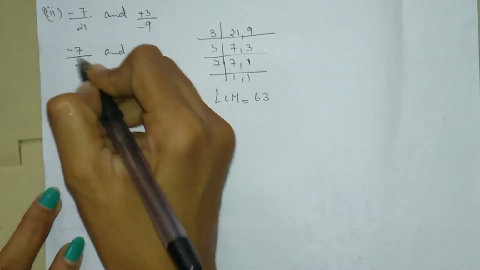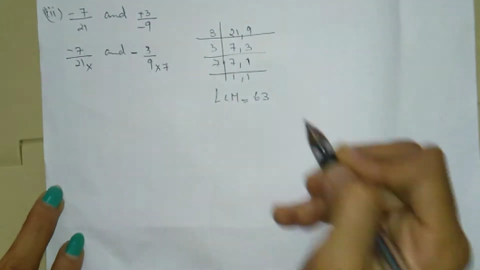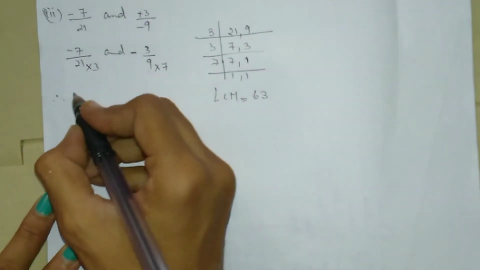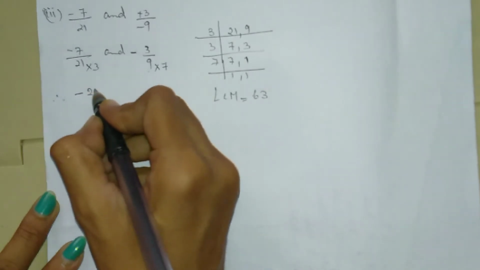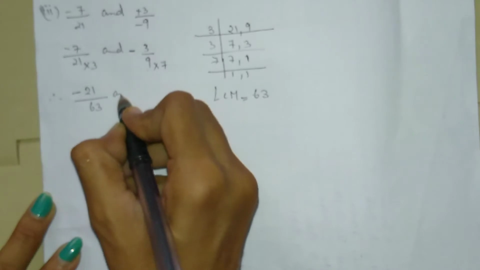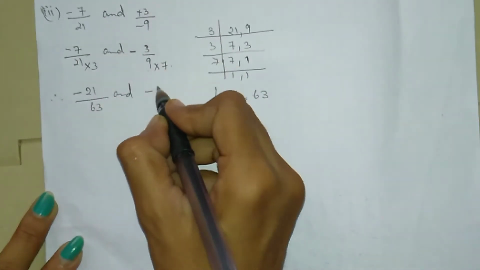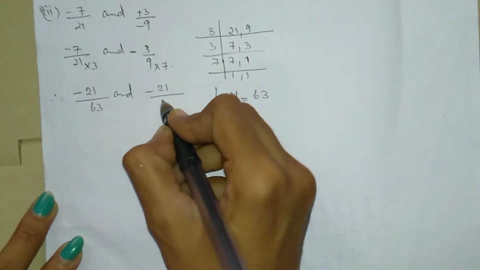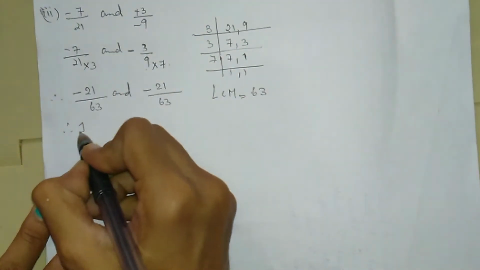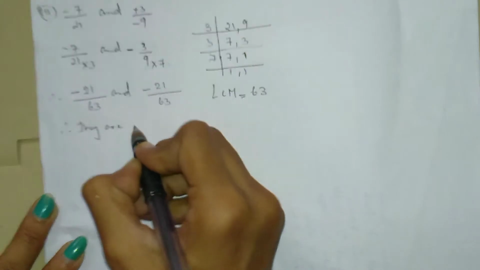So minus 7 into 3 is minus 21 upon 21 into 3 is 63, and minus 3 into 7 is minus 21 upon 63. Both are the same fraction, so therefore they are equal.